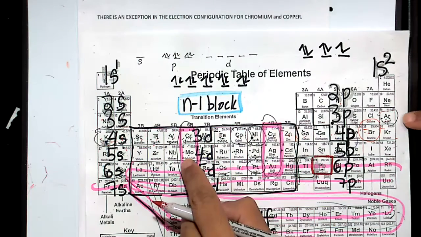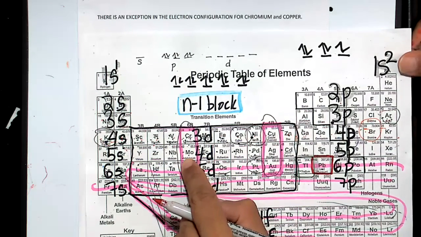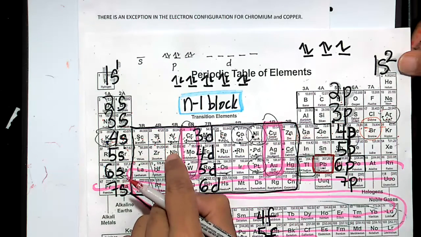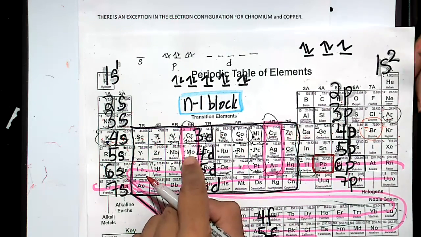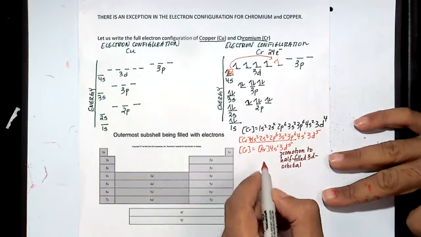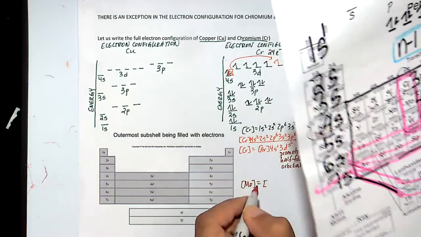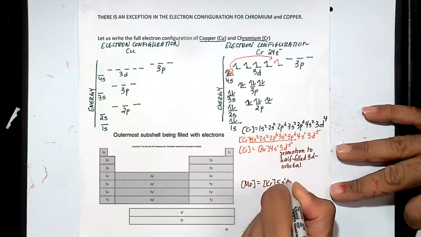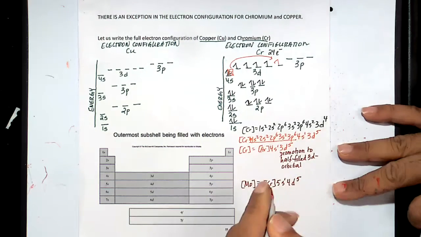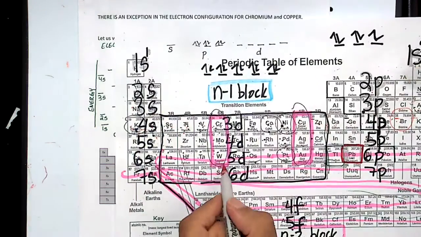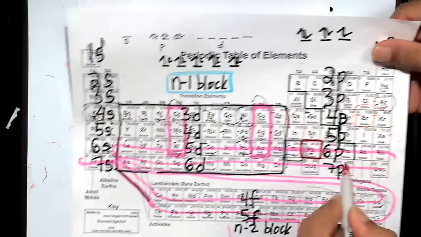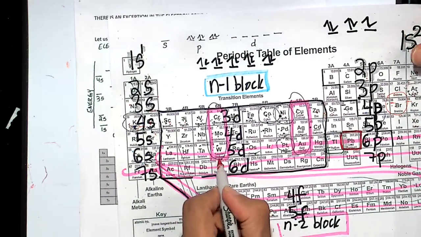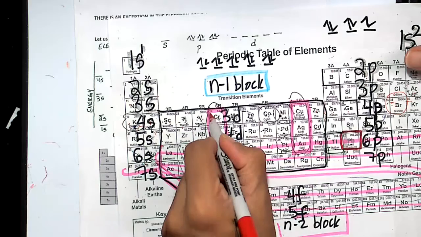Molybdenum is going to be krypton 5s1 4d5. And along the same vein, tungsten is going to be xenon 6s1 5d5, following along the lines of chromium.